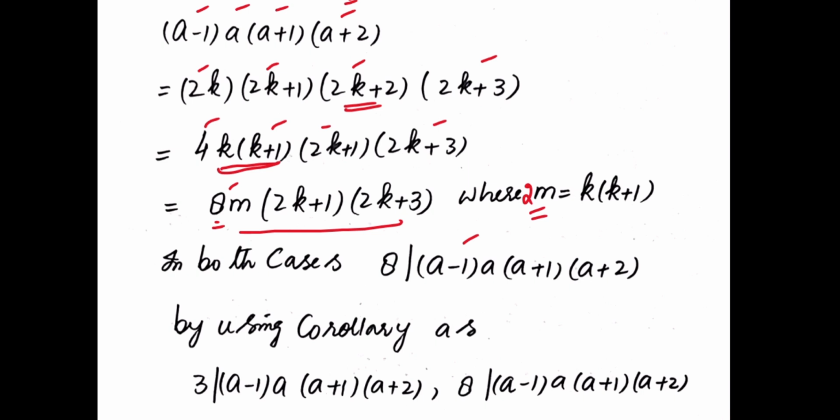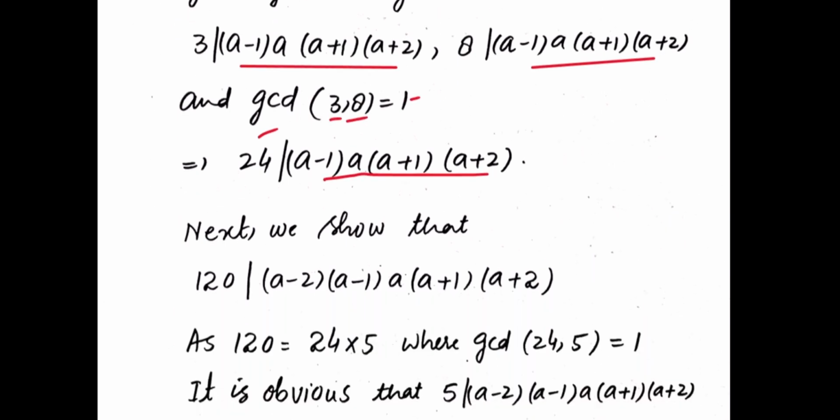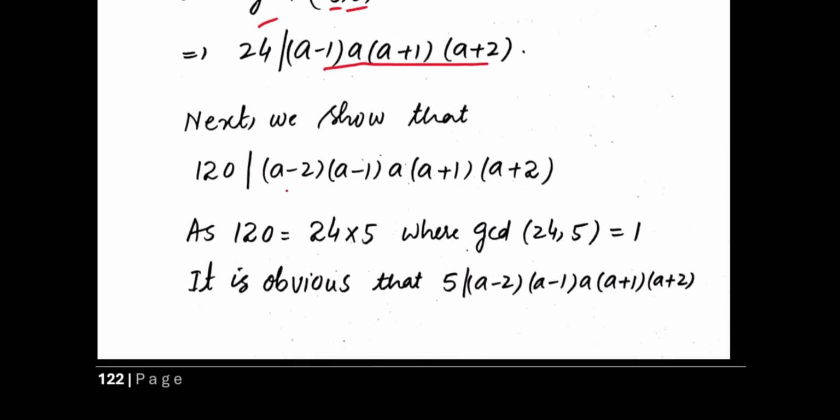So by using the corollary, as 3 divides the product of four consecutive integers, as well as 8 divides the product of four consecutive integers, finally 24 divides the product of four consecutive integers, with the property that their GCD is 1. Lastly, we show that 120 divides the product of these five consecutive integers.